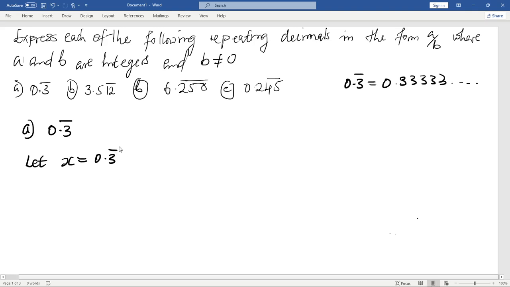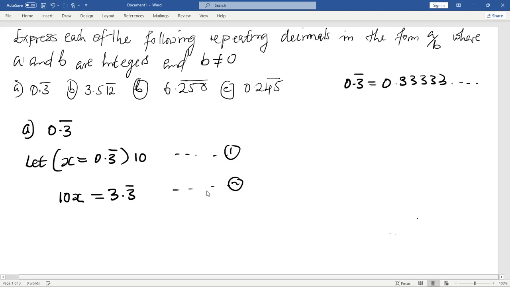Now, we need to move this decimal place one time to the right side. So we multiply this whole equation by 10, and we simply have 10x equal to 3.3 bar. This is our first equation, and this is our second equation.